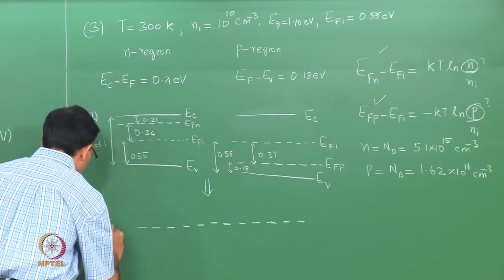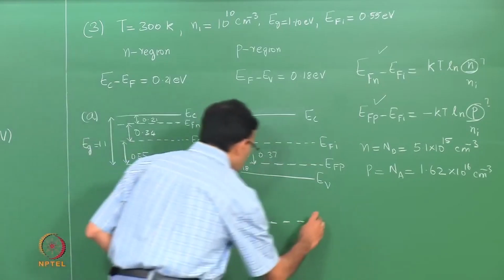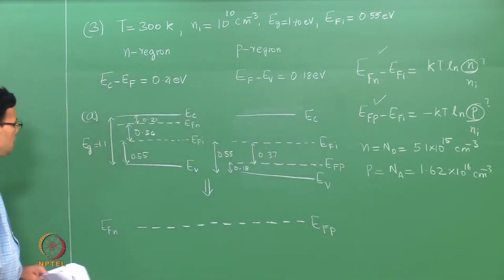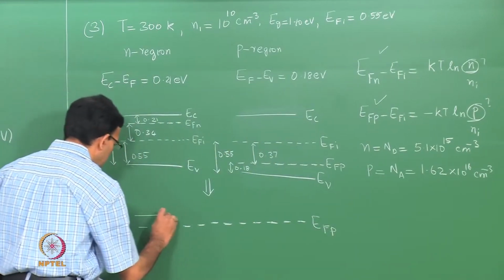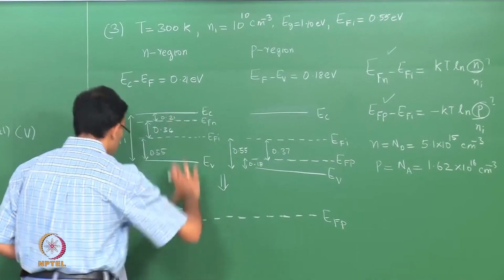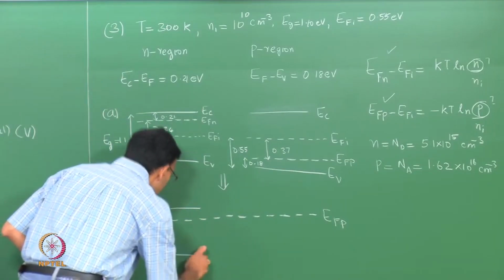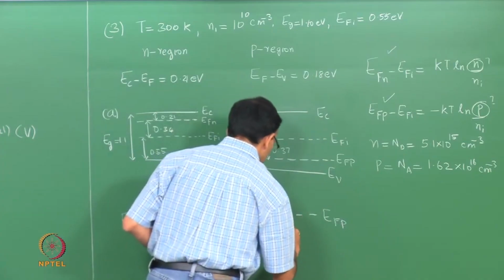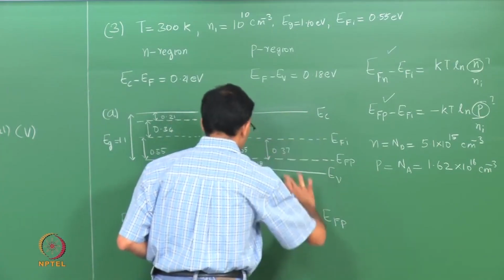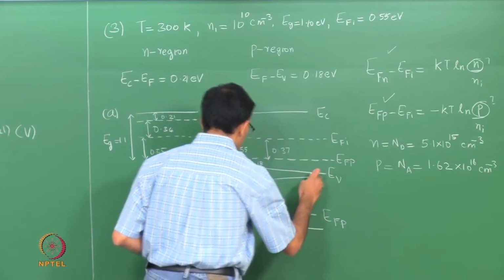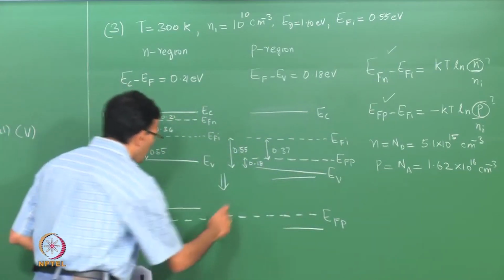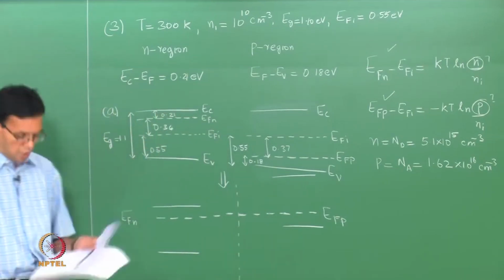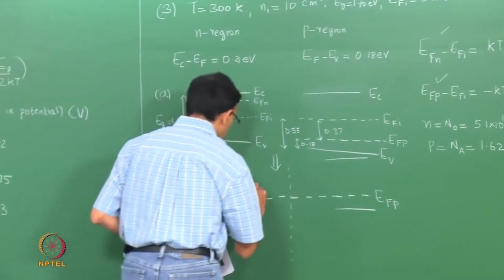So, this is EFN, this is EFP. Far away from the junction, you still have an n type semiconductor and you still have a p type semiconductor. Let me just arbitrarily mark an interface between these two and we can show the bands bending.